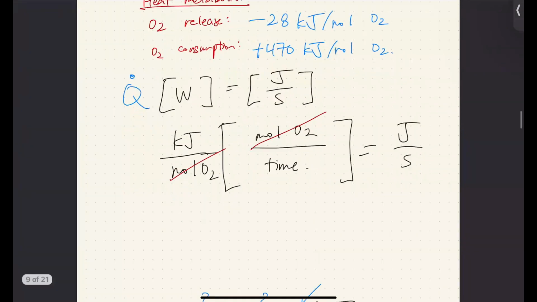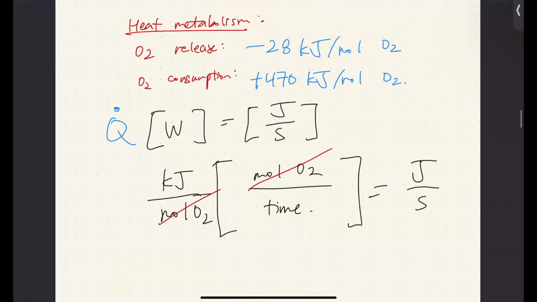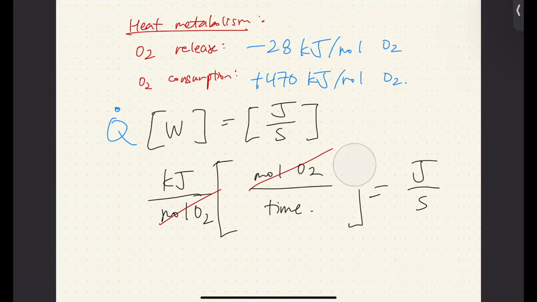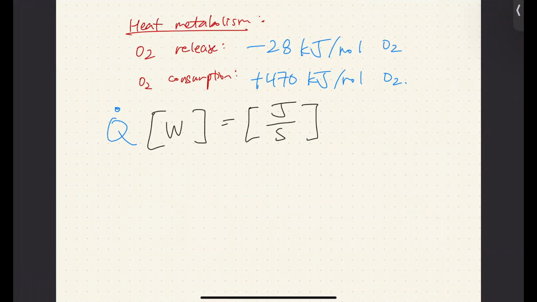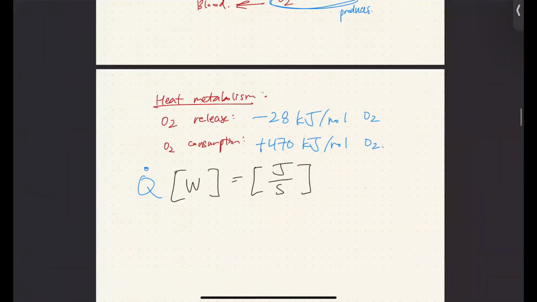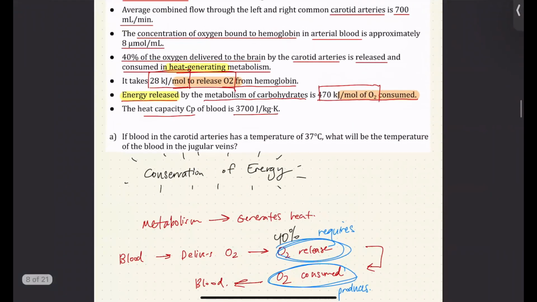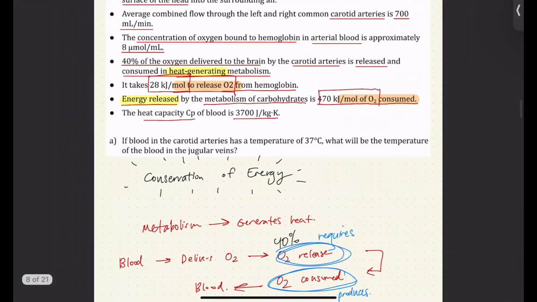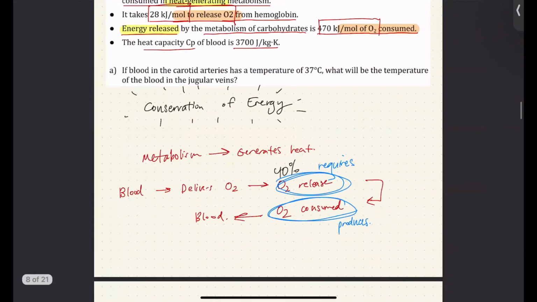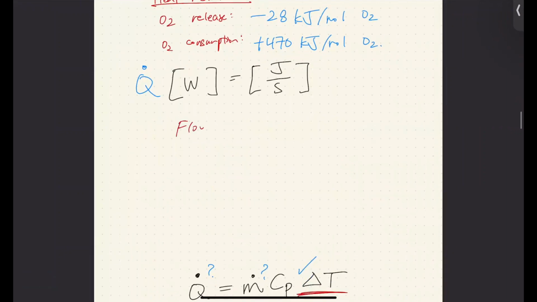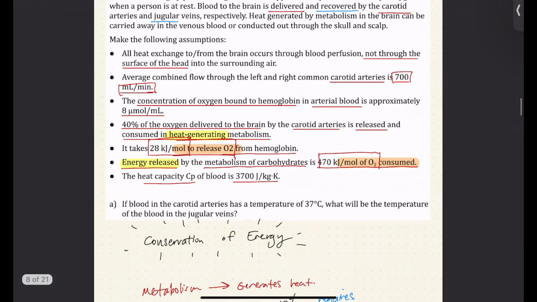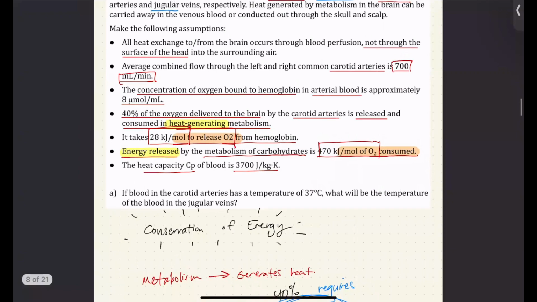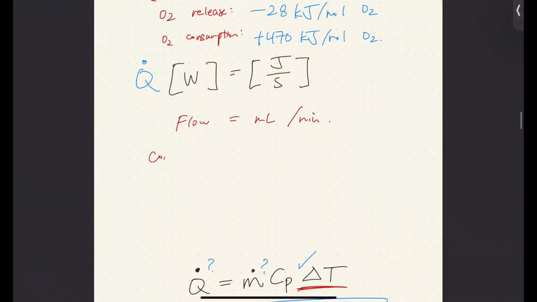To simplify things, I want you to take a look above and see what are the essential parameters to get that mole over time. We know the flow. We know mils per minute. And we also know the concentration of oxygen.